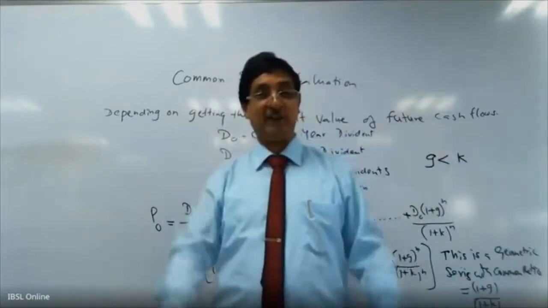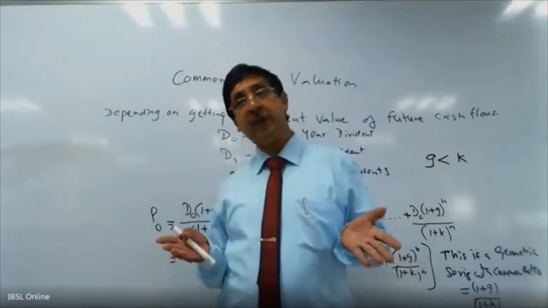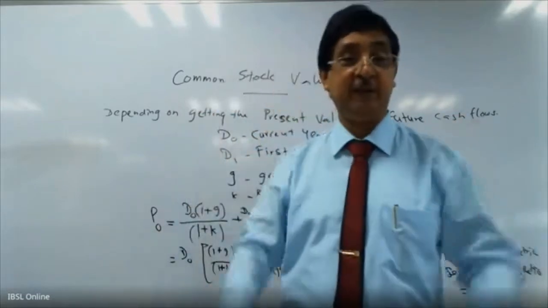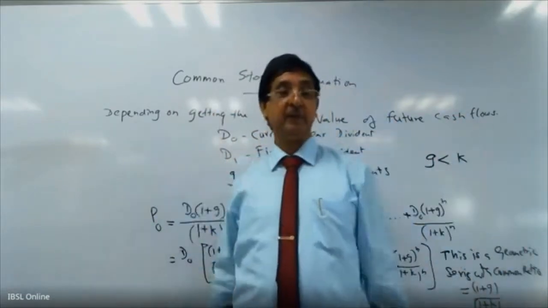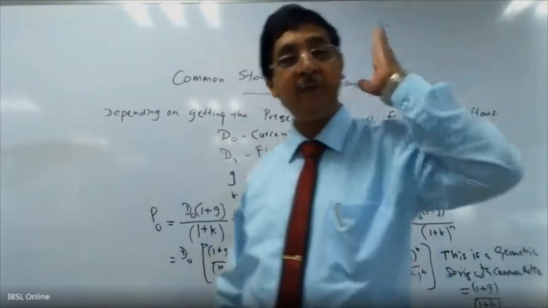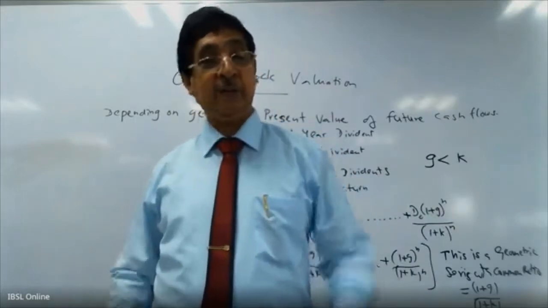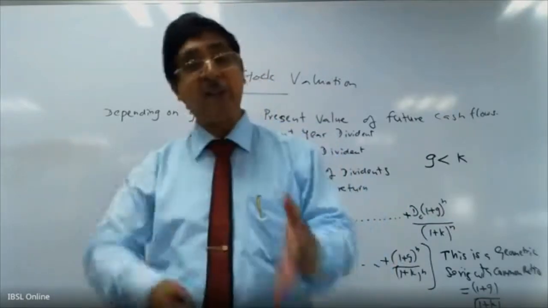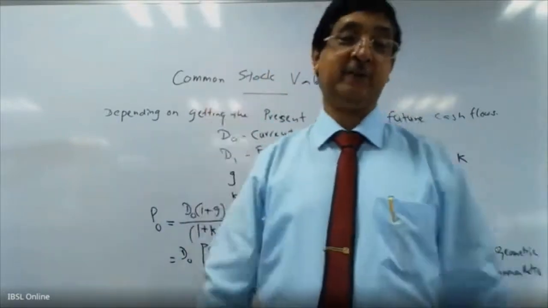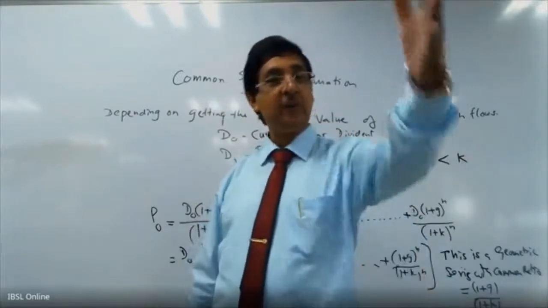That normally happens when a company starts their operations, a new company, innovative companies. They declare high levels of dividends with high growth, very much higher than their required rate of return. But they do it for a limited number of years, say 2, 3, or 5 years.